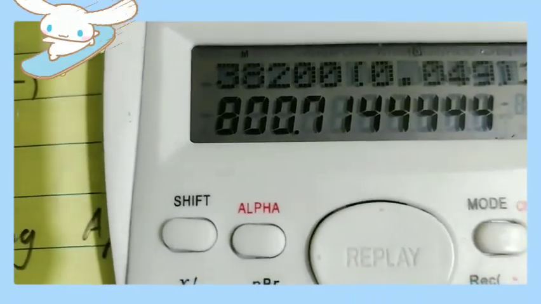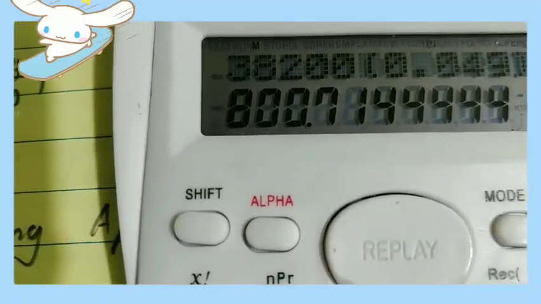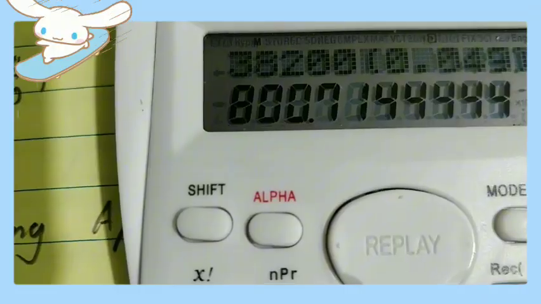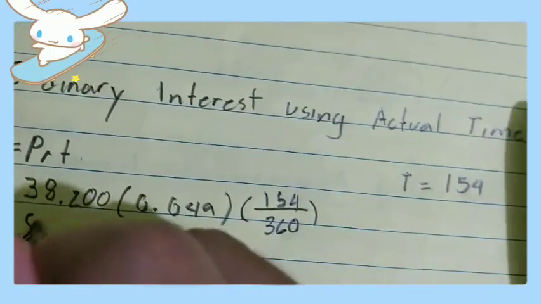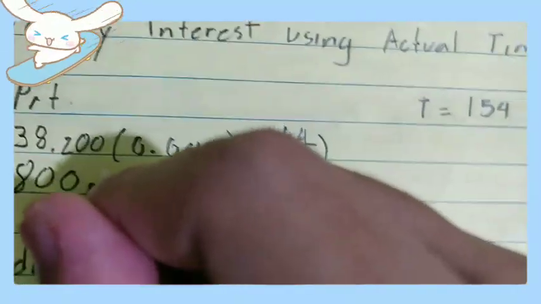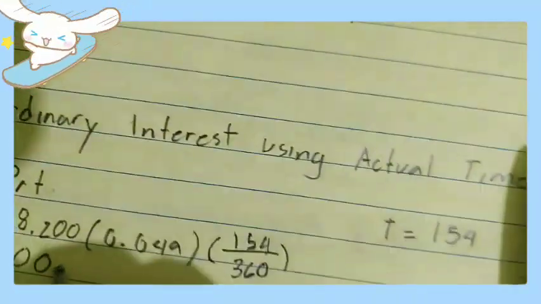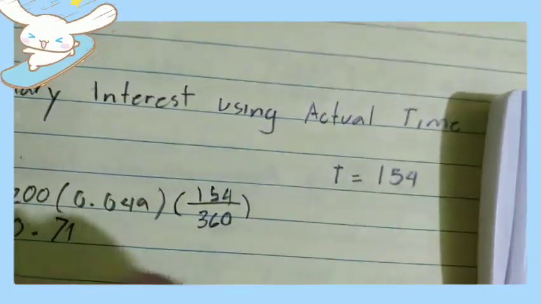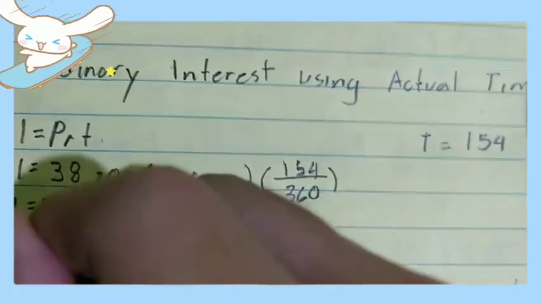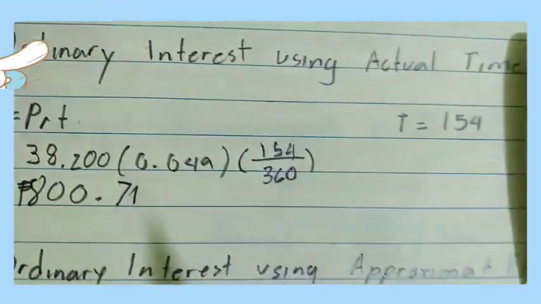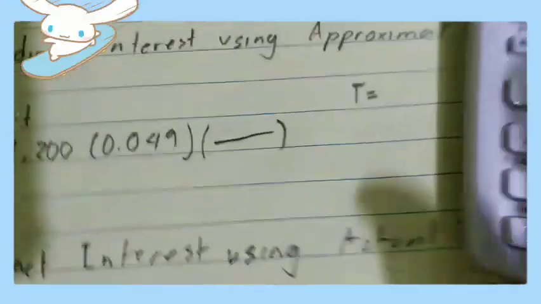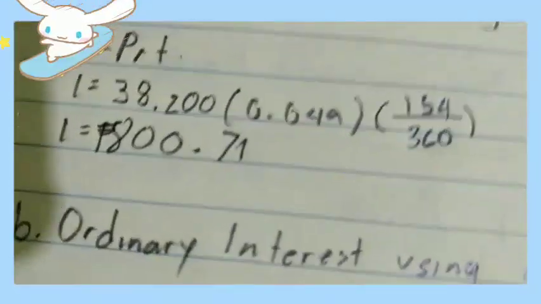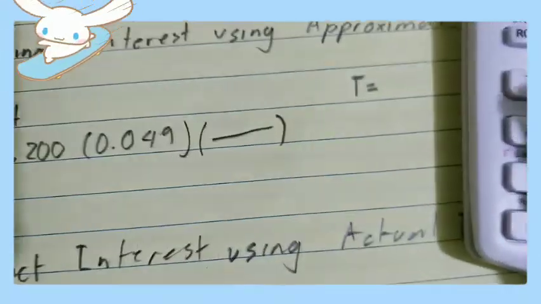There, 800.71. Don't forget the currency sign because we're finding the interest. Okay, so that's our answer, 800.71.